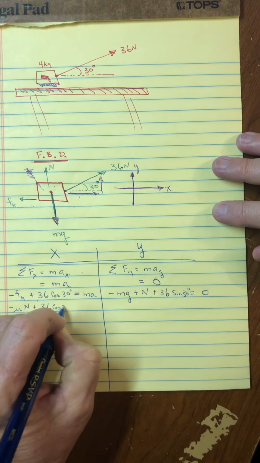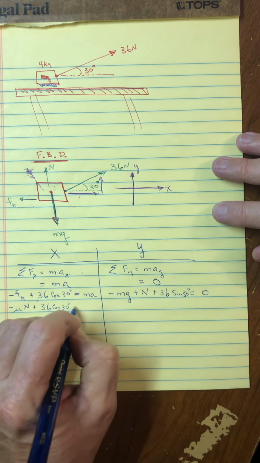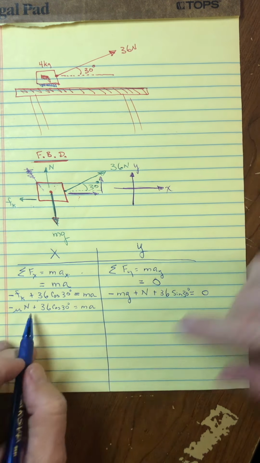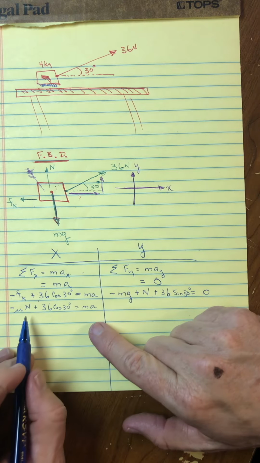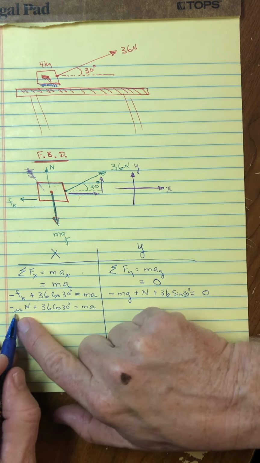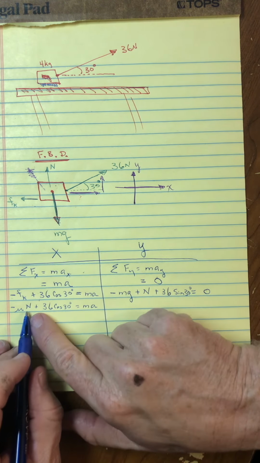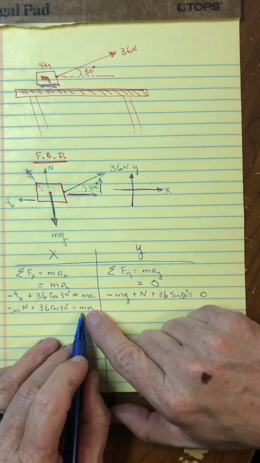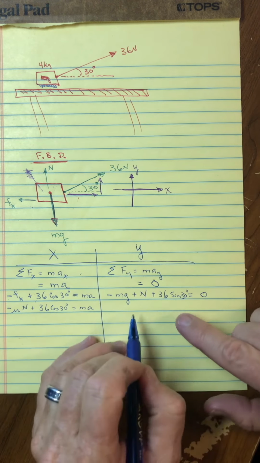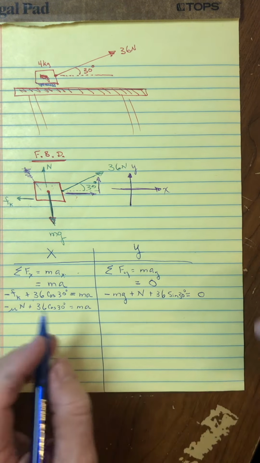So you can't really go anywhere until you know the normal. Now we do know the coefficient of friction and we do know the mass, which we're looking for the a. So if I just knew that normal, I could put it into here and get the a. So that's why I'm going to have to really solve this one first.